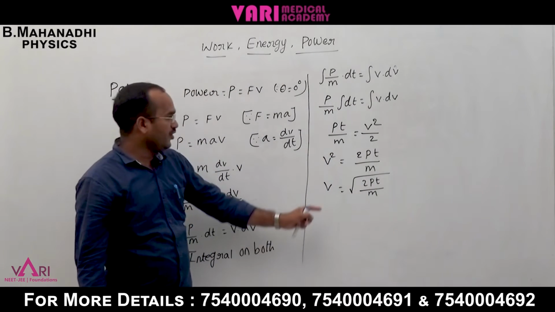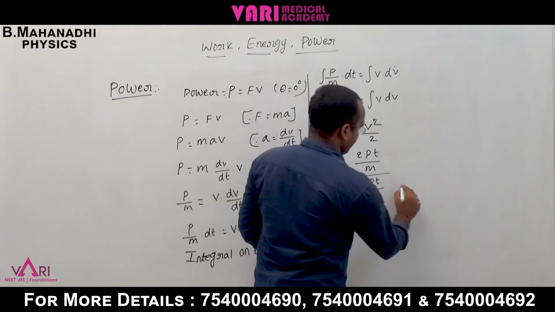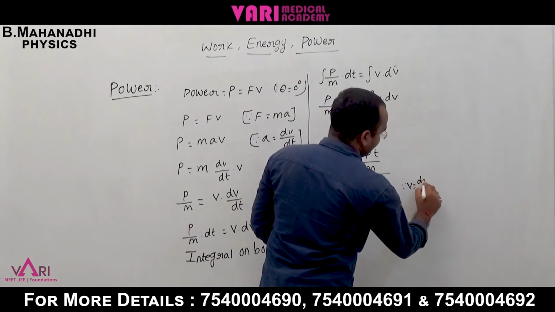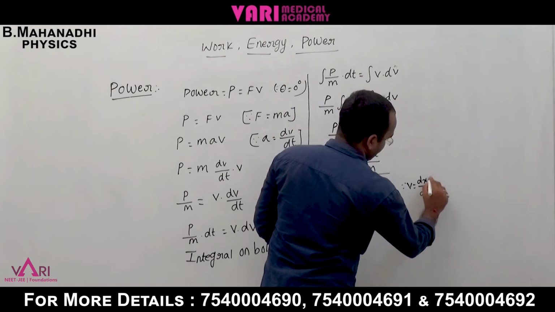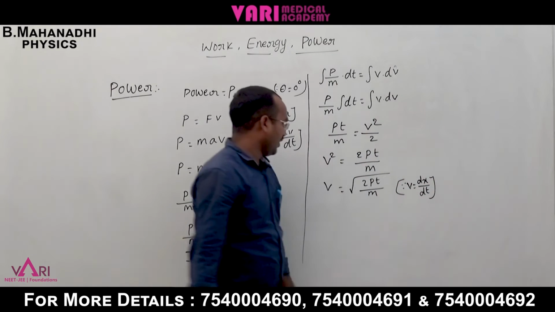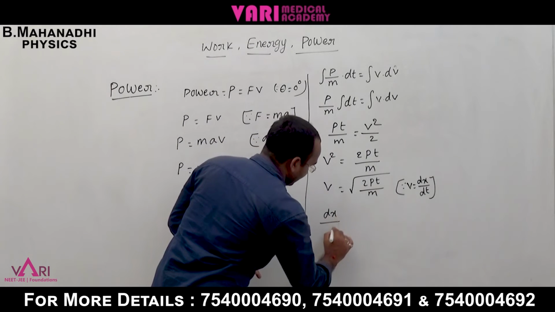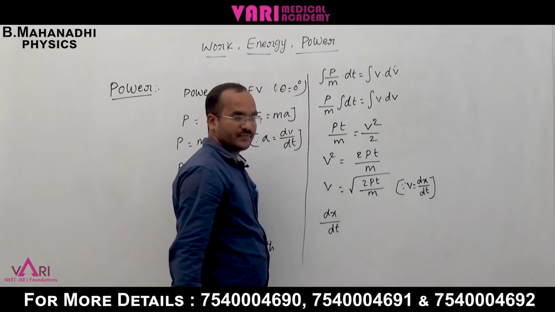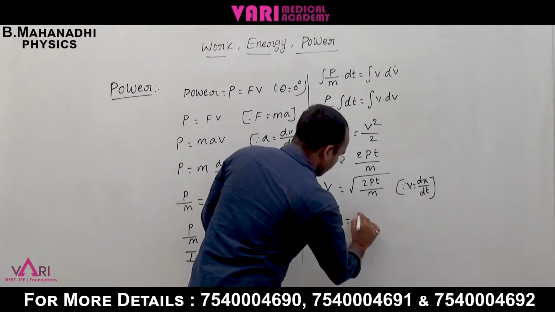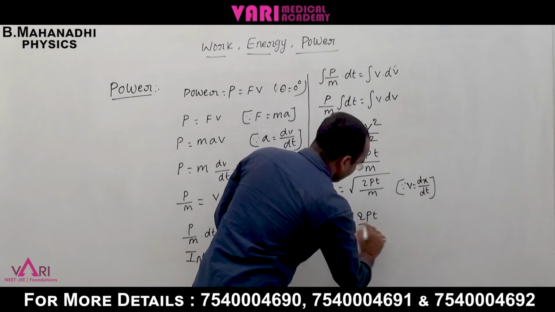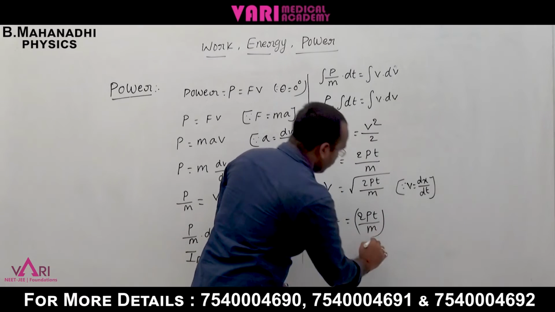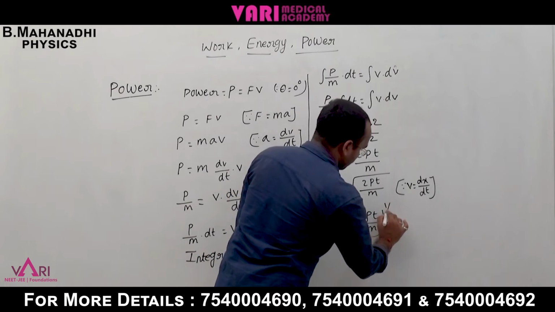Now we know velocity is equal to dx by dt. Replacing velocity, dx by dt is equal to root of 2pt by m, where the root is converted to the power 1 by 2.